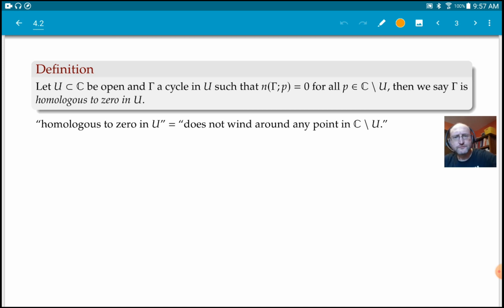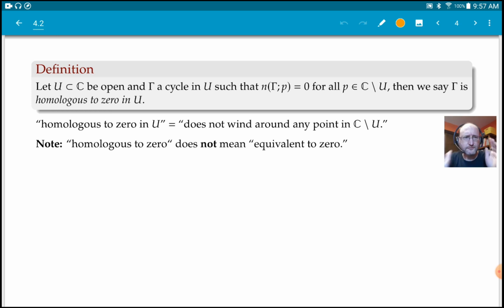Now, one thing to keep in mind: homologous to 0 does not mean equivalent to 0. It doesn't mean that integrals of continuous functions, and it's going to be very different with holomorphic functions, are necessarily 0.